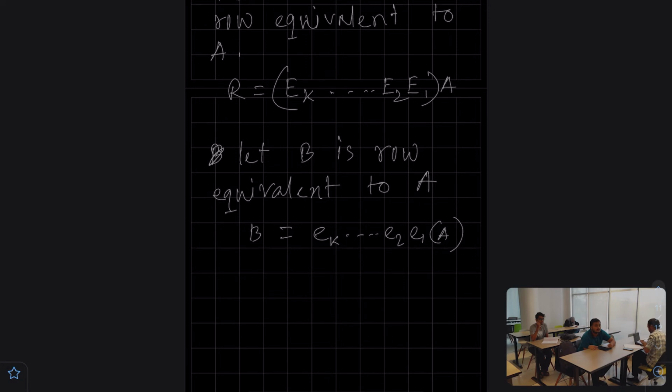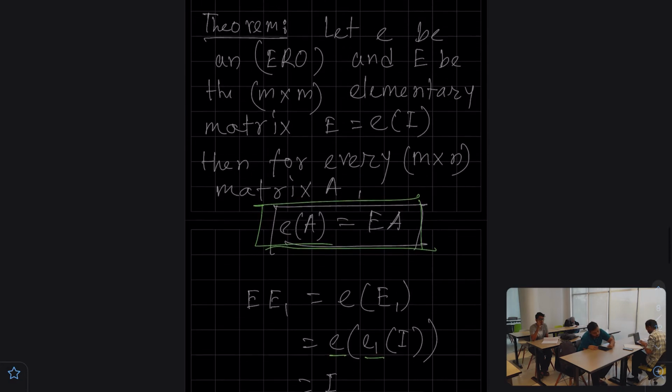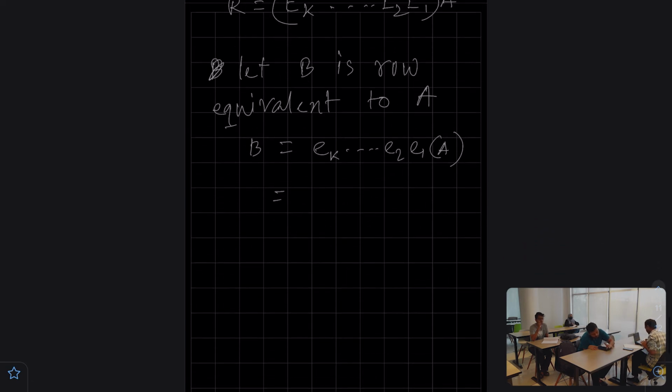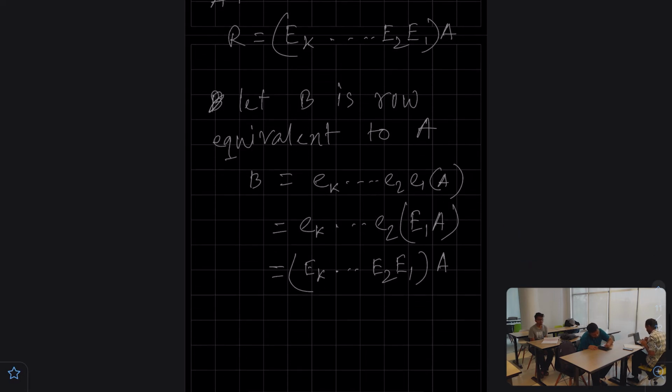But from this theorem, we know E of A is equal to the elementary matrix E times A, right? Then I can translate this as EK, E2, E1 of A. So this is the definition I am considering.